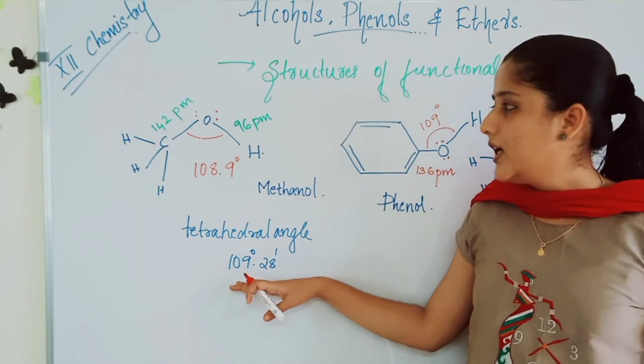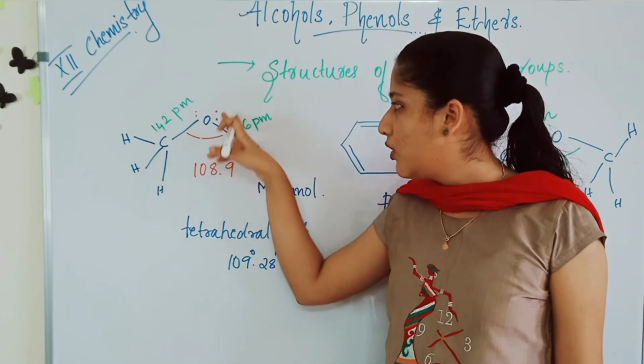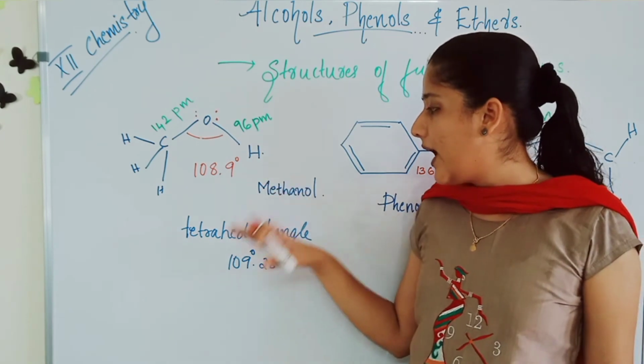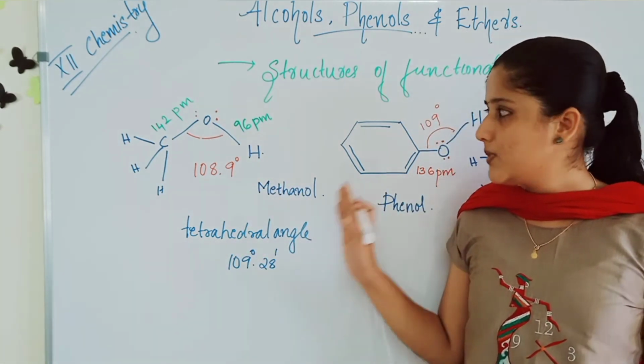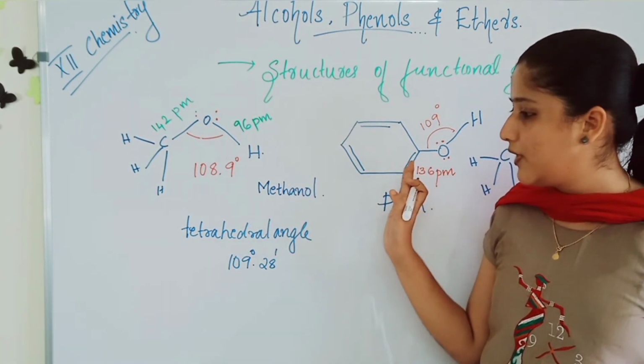Why? It is because of the repulsion between the two lone pairs of the oxygen. So the angle is slightly less than the tetrahedral angle. This is the case of alcohol.